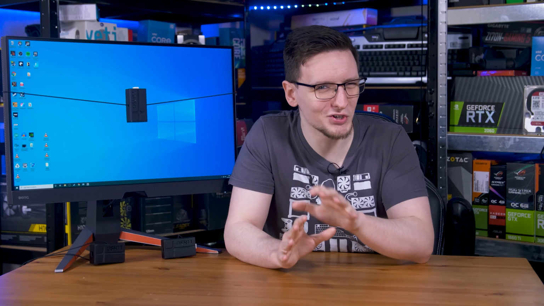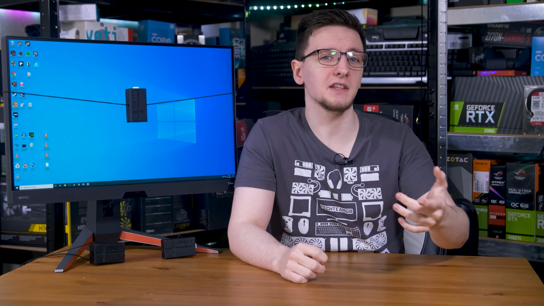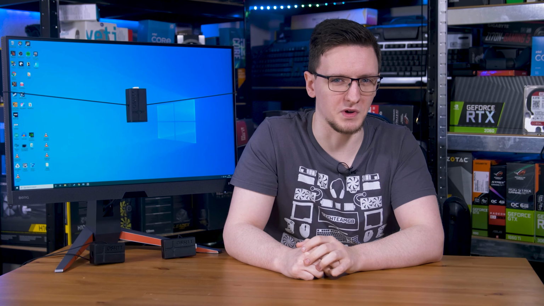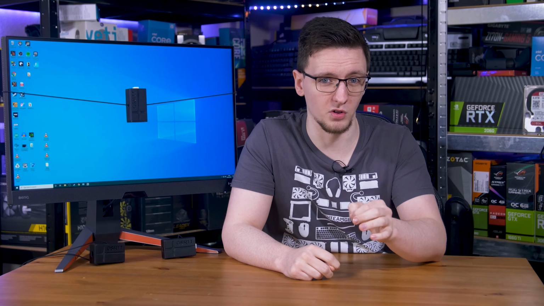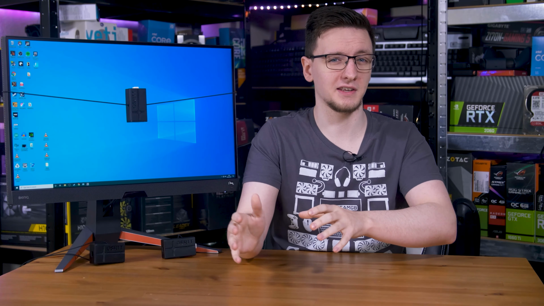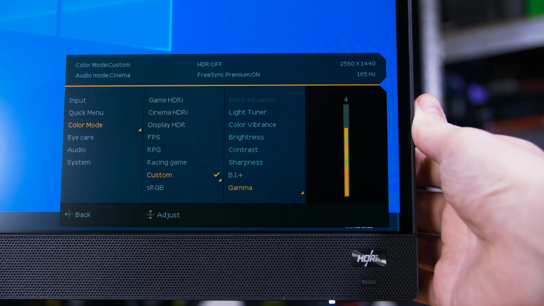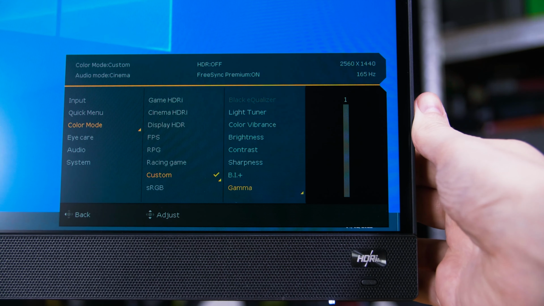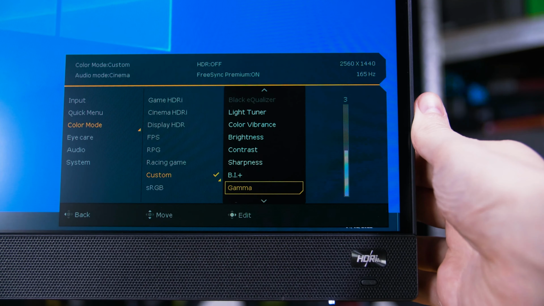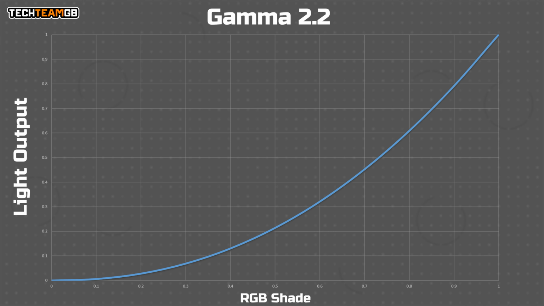Now, it's not a straight line. On darker shades, the amount of light output between them is much smaller than when it's a brighter shade. That's called the gamma curve, and is one of the main settings that you can tweak on monitors. The typical curve is called gamma 2.2 and looks something like this.